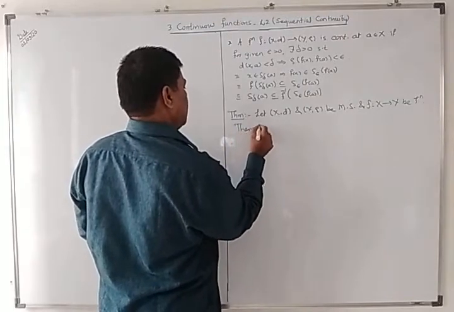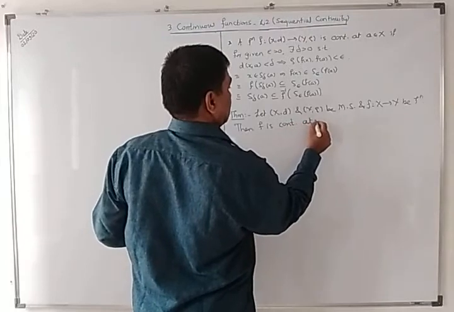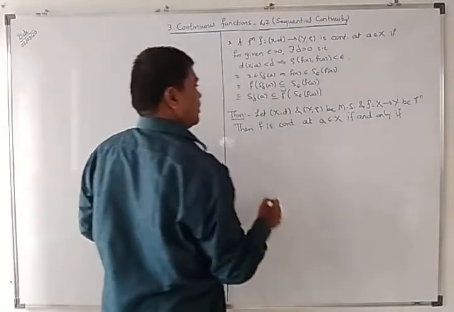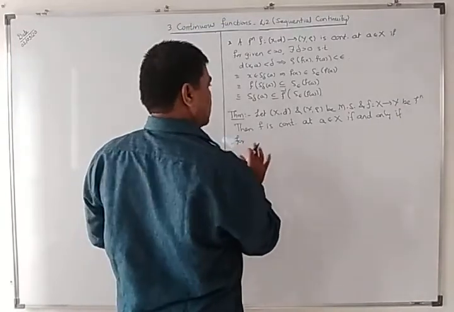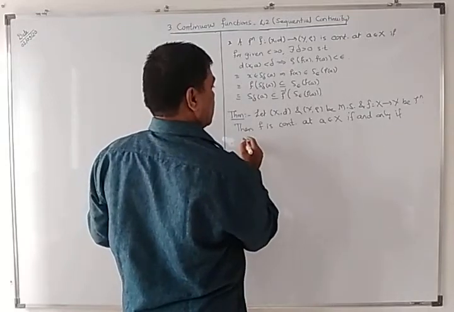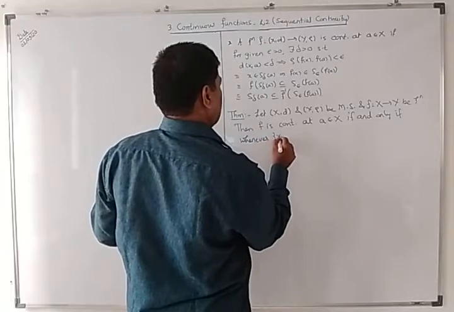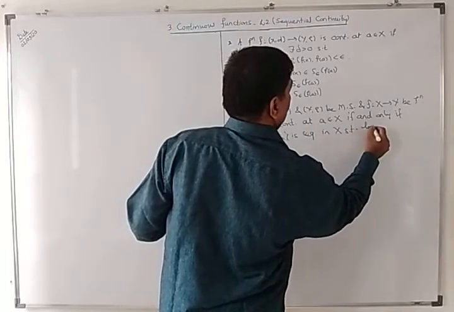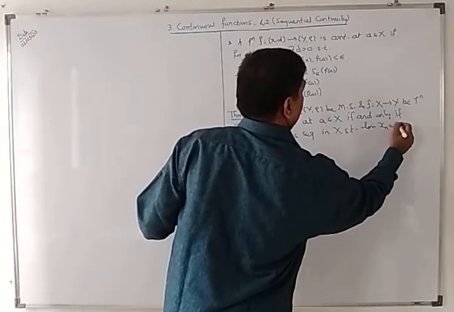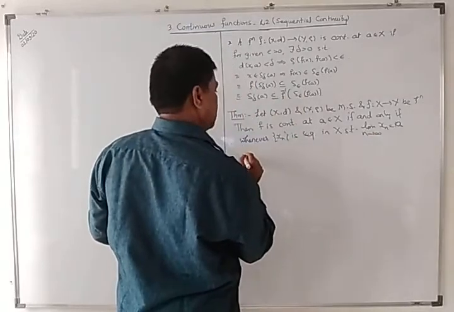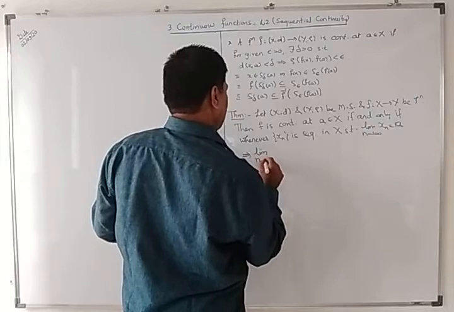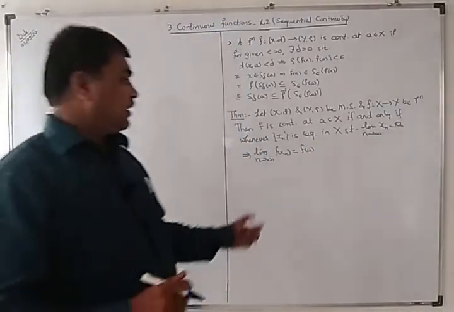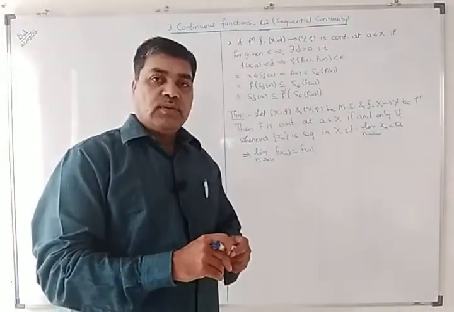Then f is continuous at some point a belongs to X if and only if whenever x_n is a sequence in X such that limit of x_n is equal to a implies limit n tends to infinity of f(x_n) is equal to f(a). Whatever sequence of points in X converges to a, its image sequence must converge to f(a).